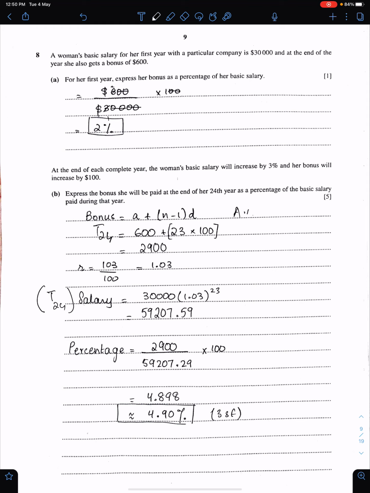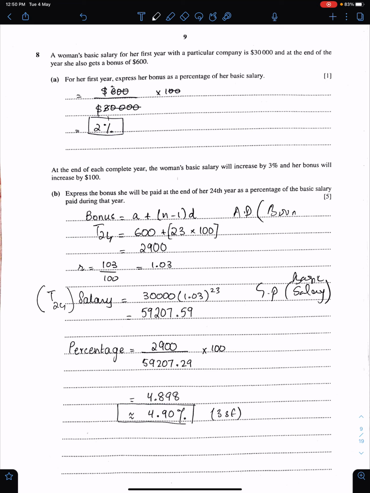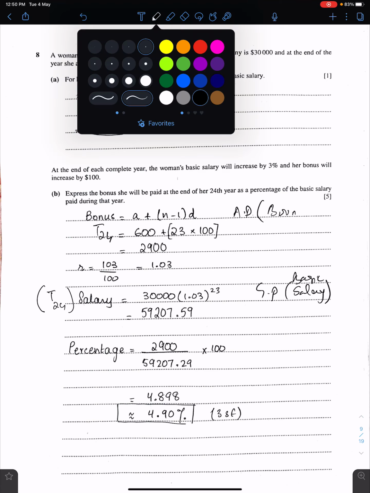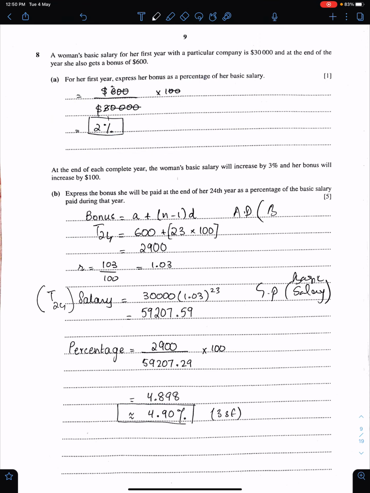So the basic salary follows the sequence GP and the bonus follows the sequence AP. Make sure you handle these two things carefully.